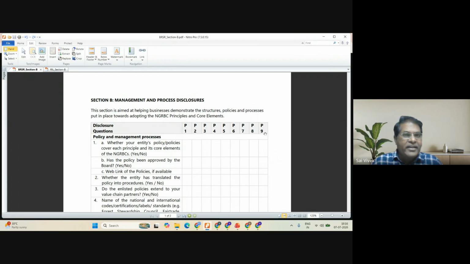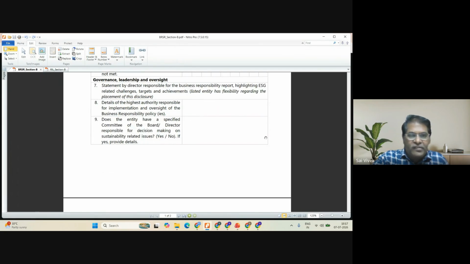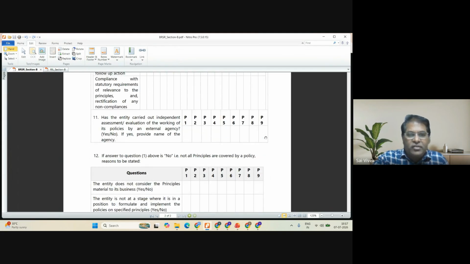So these are the 9 principles on which this BRSR is built. These were given by NGRBC, National Guidelines on Responsible Business Conduct. And all these 9 principles should be applied for all the 12 questions which BRSR has posed here. Now I'll just scroll through this Section B. It's just 2 pages, and you can see that there are 12 questions or serial numbers here.